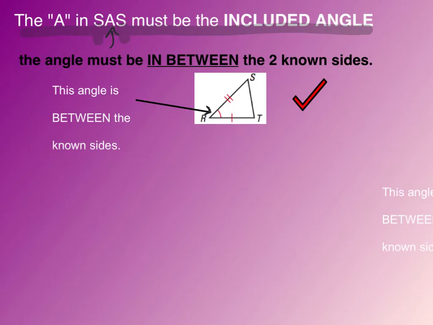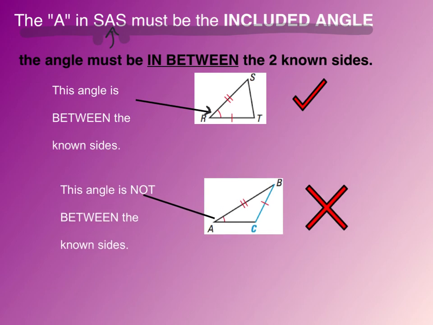All right, here's an example where the angle is not between the known sides. If you look here on this one, it's a side right there, an angle, and a side in that order around like that. Or I could have done that order around there. If I look down below, I have a side and an angle here.